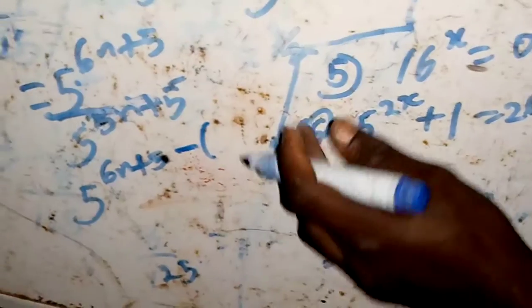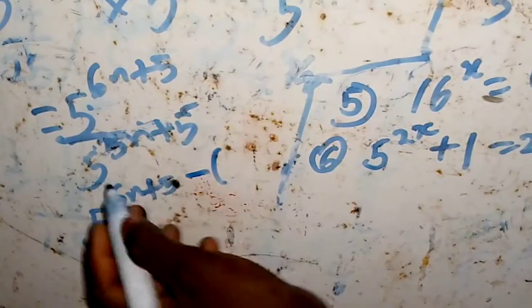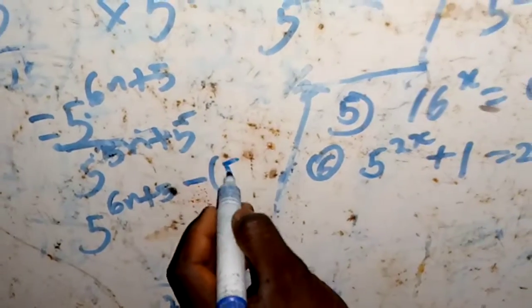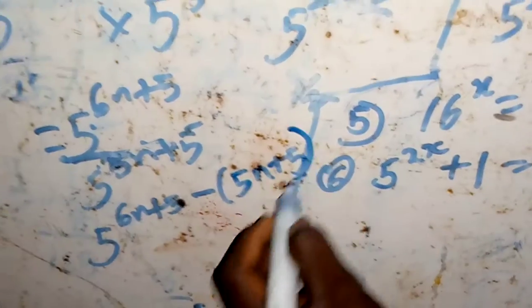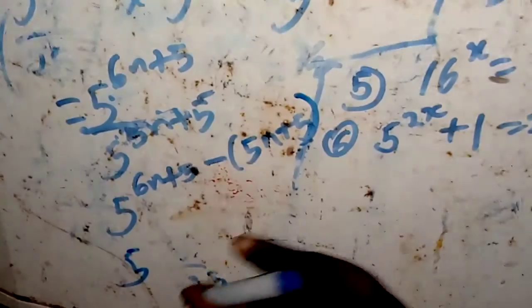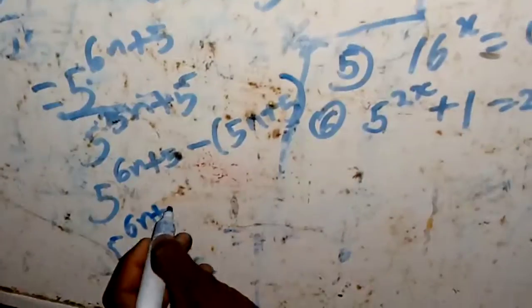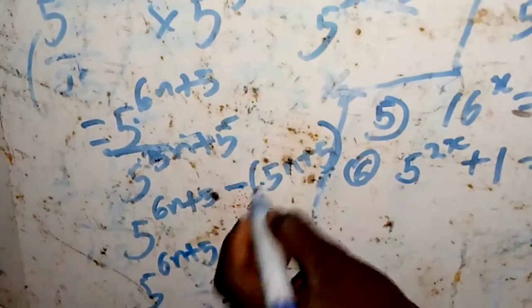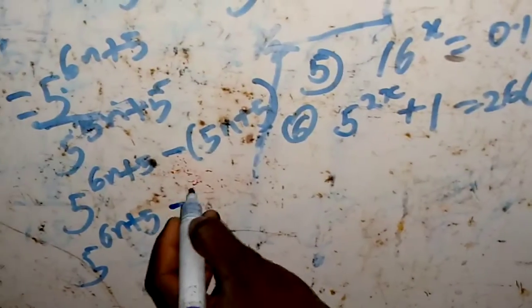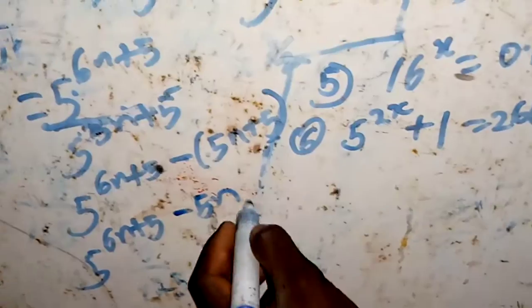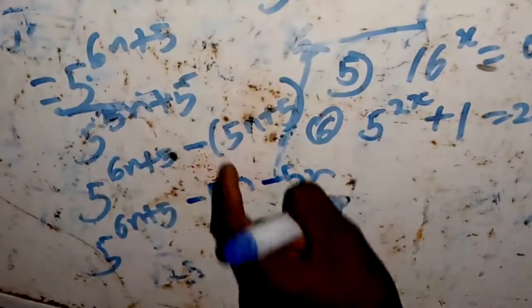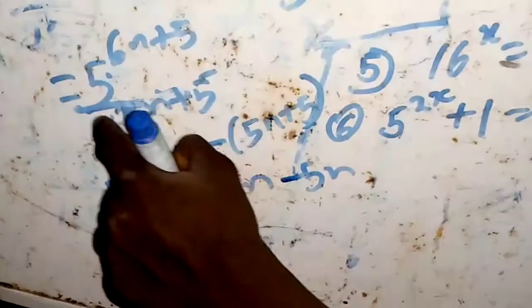So take note, you must put it in brackets because the minus will affect some things. So 5n plus 5. So it will now be 6n plus 5. You minus times plus, there is an invisible plus here, so that's minus 5n. Minus times plus, minus 5n. So take note, you must put it in brackets next time.